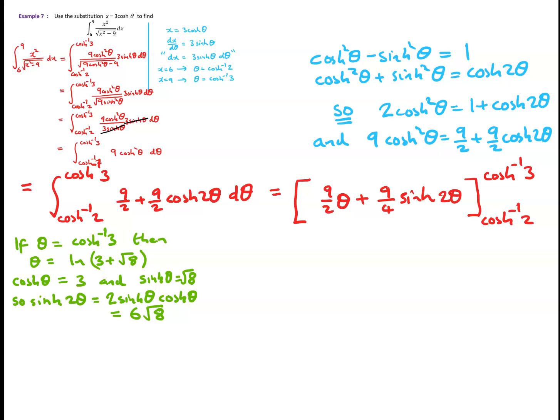We know that cosh theta is equal to 3, and that sinh squared theta is cosh squared theta minus 1. So that would tell me that sinh theta was in fact root 8. And that would tell me that sinh 2 theta is 2 sinh theta cosh theta, which is 6 root 8.